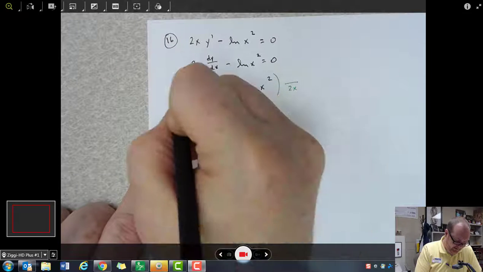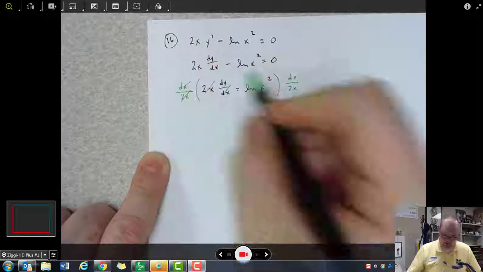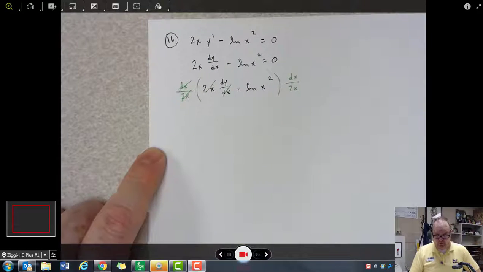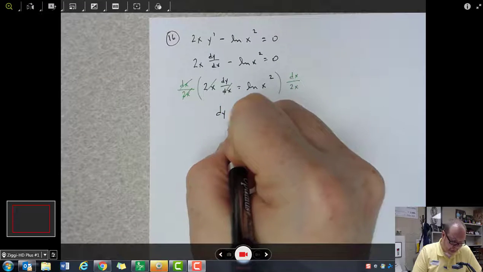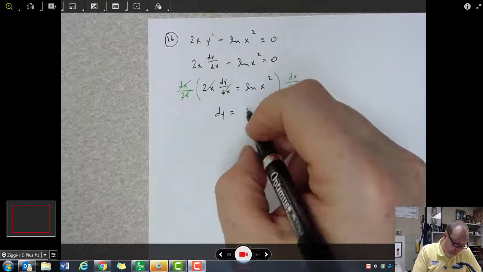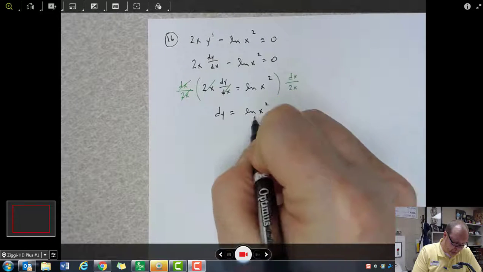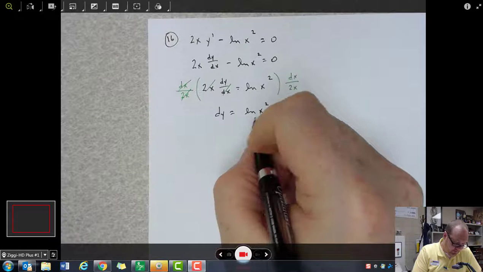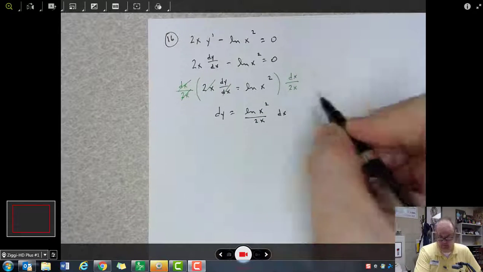And I'm dividing by dx, so I'll multiply by dx. So notice pretty well everything on the left went away except for the dy term. And on the right, I'm left with natural log x squared over 2x times dx.